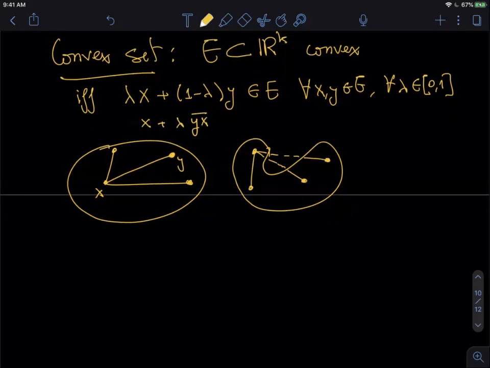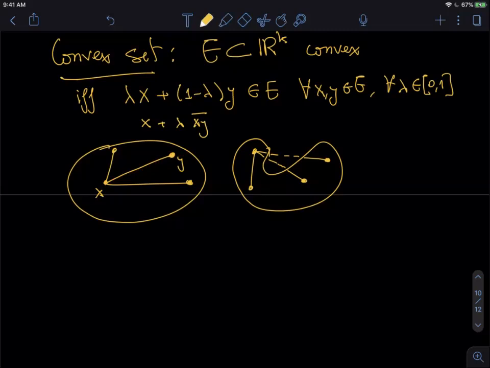It's actually x plus lambda (y minus x). You are moving from x in the direction of y minus x, and you are moving lambda units, and as lambda grows, you are getting farther from x and closer to y.